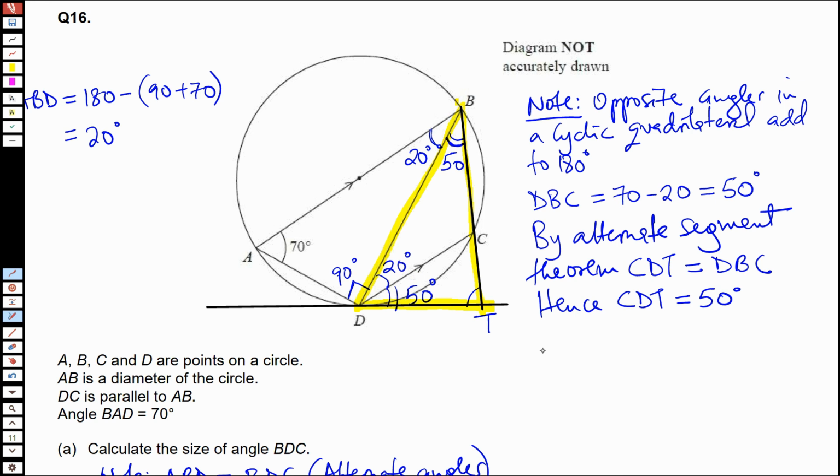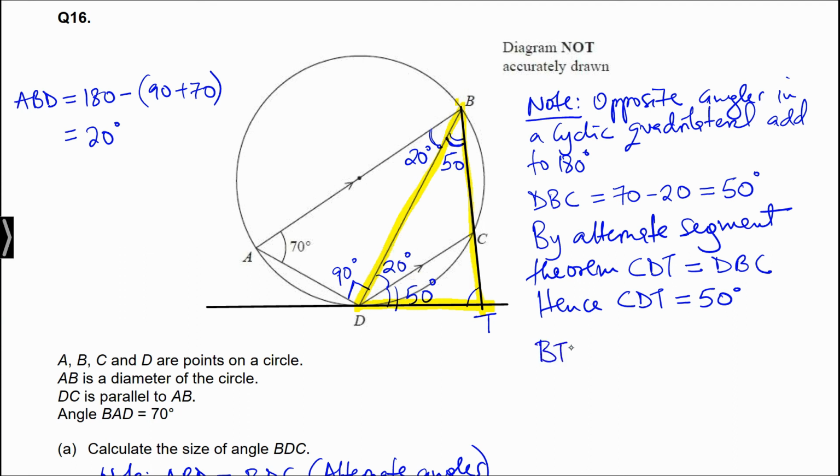BTD will be equal to 180 minus (50 plus 20 plus 50), because angles in a triangle add up to 180 degrees.